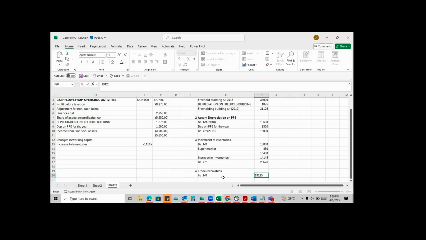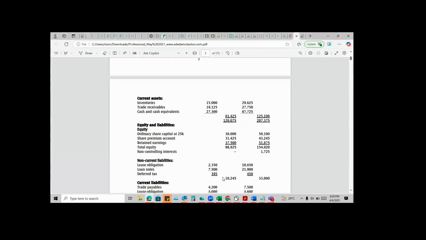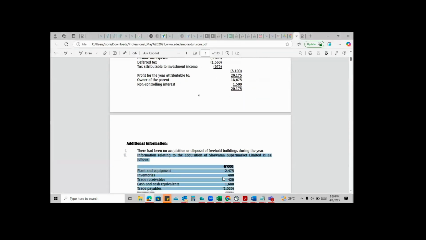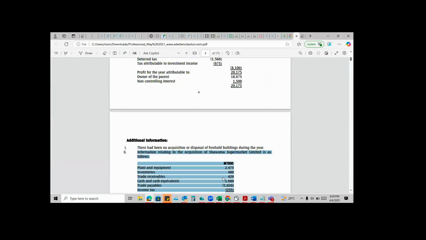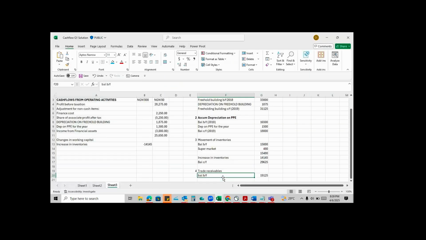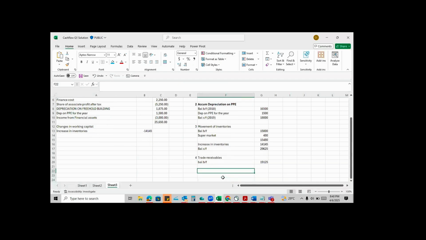Now we'll have that of the supermarket as well. The supermarket trade receivable is 420.